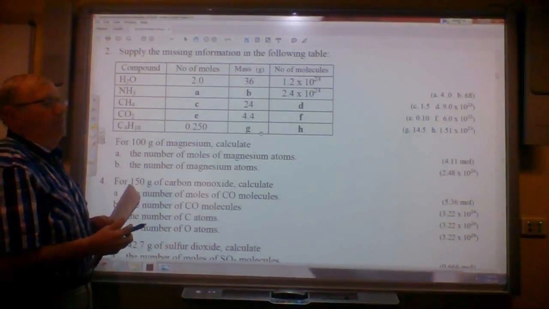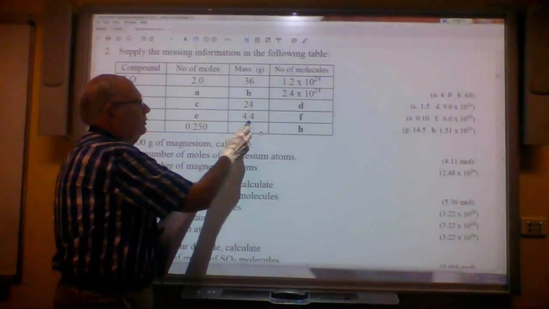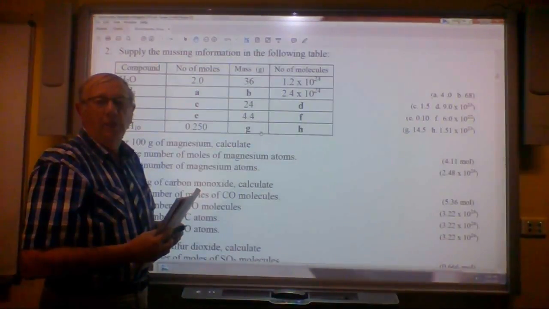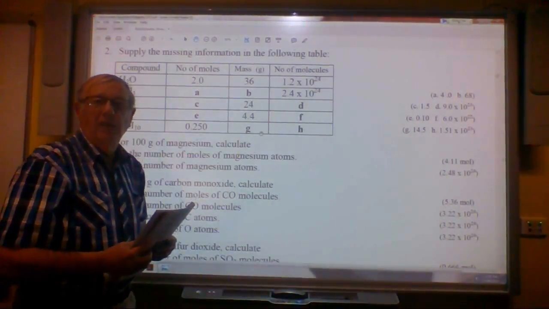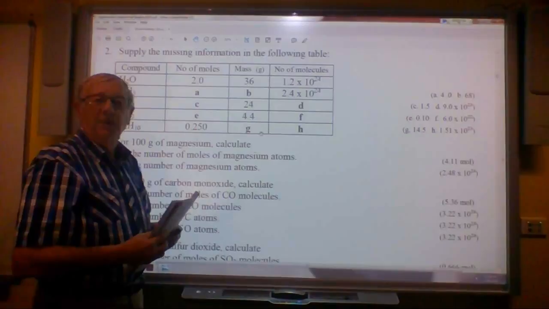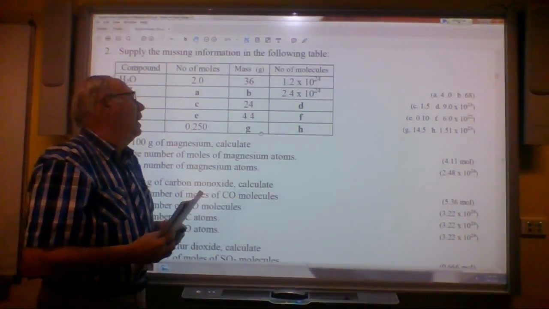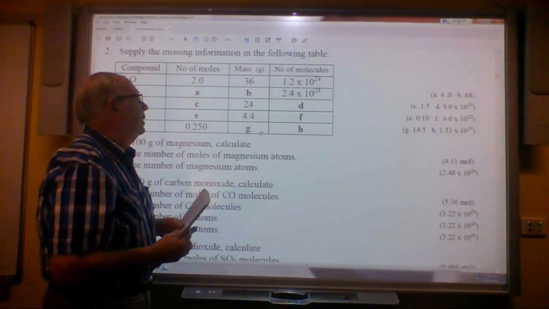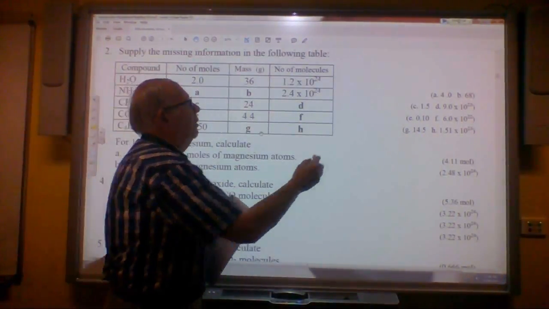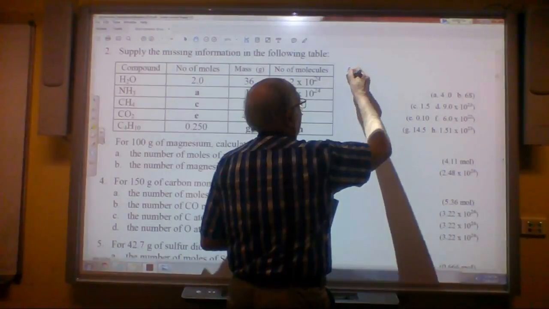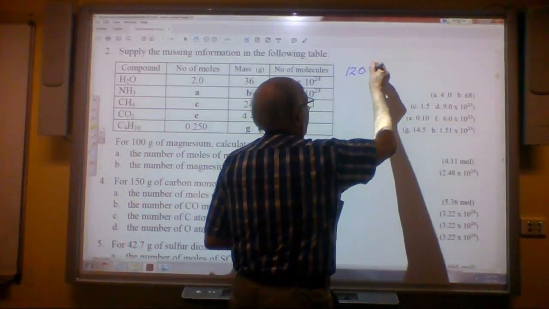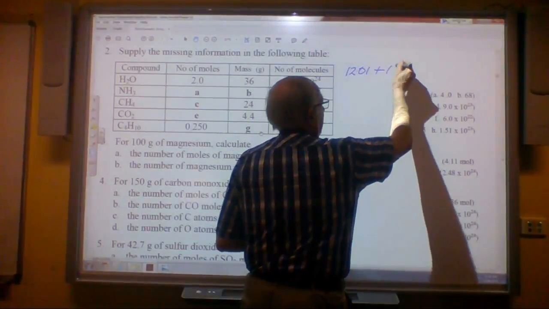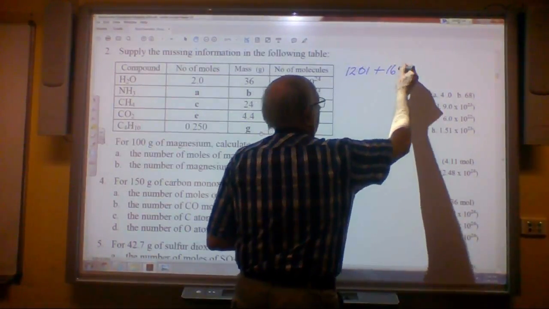And what we've got with our carbon dioxide is 4.4 grams. We've got its mass. So what we need to do is work out the number of moles. To do that, we divide the mass by the molar mass. So working out the molar mass, we've got, for carbon, 12.01, and for oxygen, that's 16, and we've got 2 of those, as we can see.